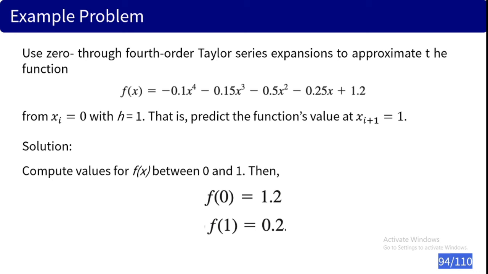So the value we obtained for f of 1, which is 0.2, is our true value or exact value. Its significance is in our calculation of the true error and percent true relative error. So remember that the exact value of this function at 1 is 0.2. Okay.